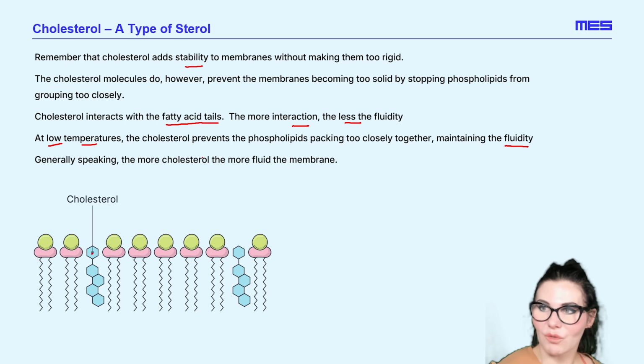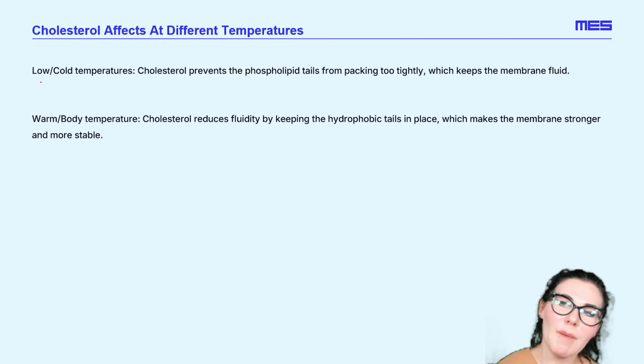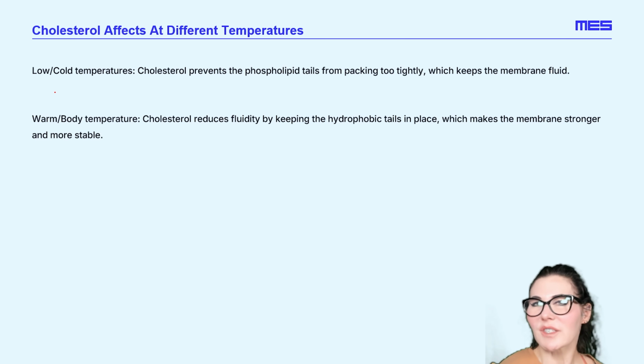The more cholesterol, the more fluid in the membrane at low temperatures. However, if we were to look at what happens if the membrane gets a little bit too cold or a little bit too warm, we have to have an understanding that cholesterol is also really good at ensuring the membrane doesn't get too interfered with by those temperature changes.